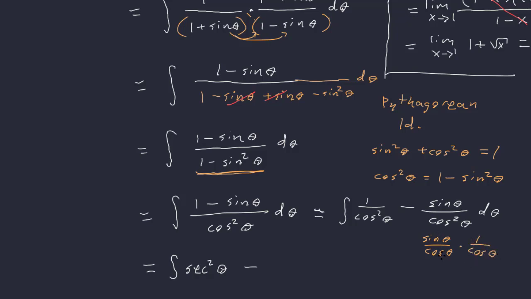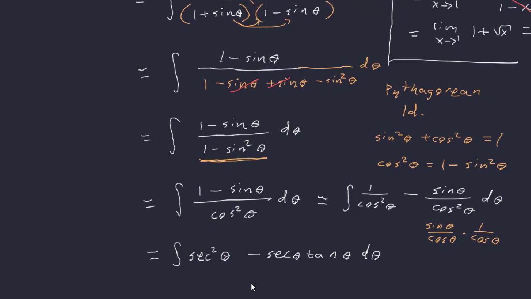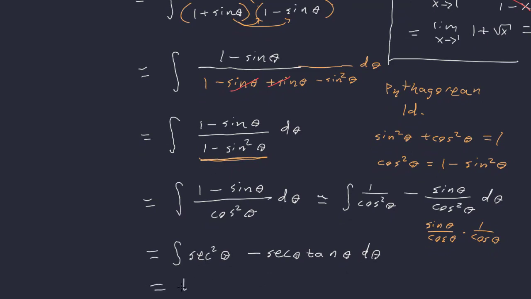Well, sine over cosine is tangent, 1 over cosine is secant, so this actually becomes secant theta tangent theta, or tangent theta secant theta, and both of these are just integral rules, right? So the integral of secant squared is tangent, the integral of secant theta tangent theta is secant theta, and there we go.